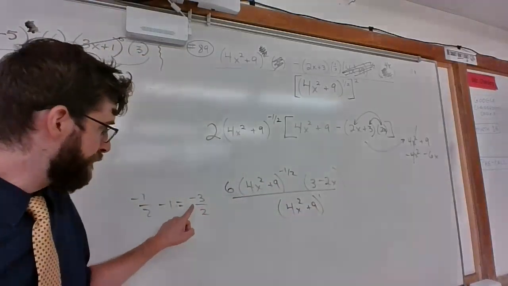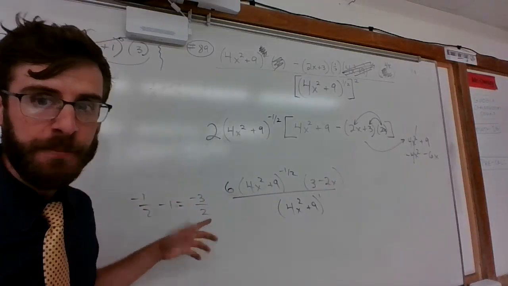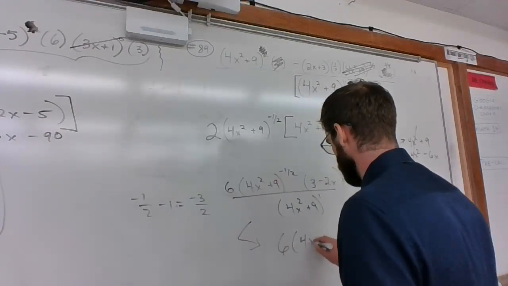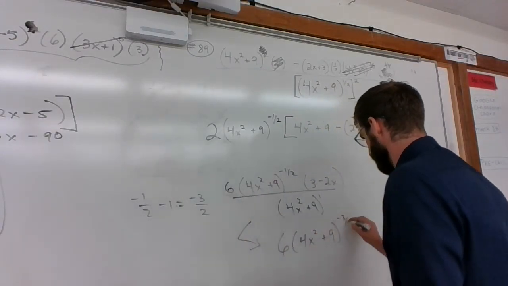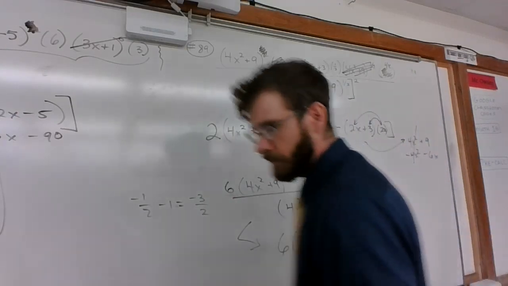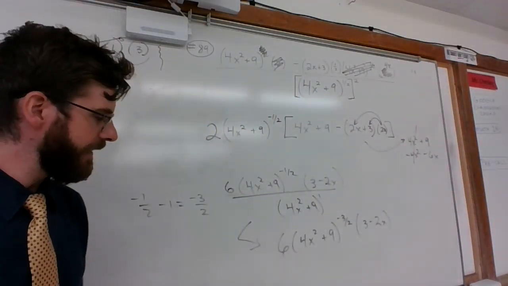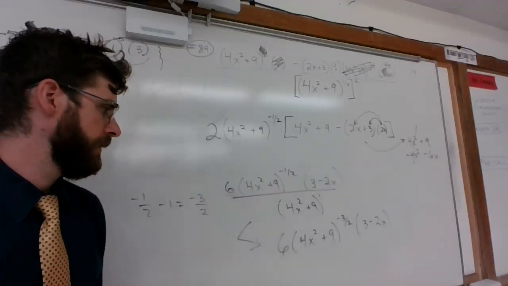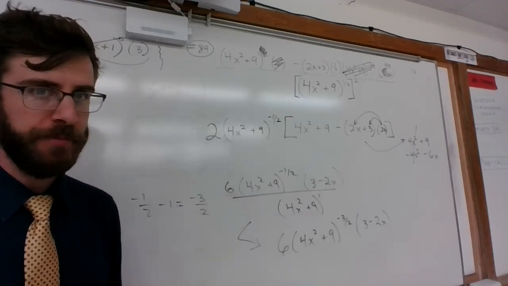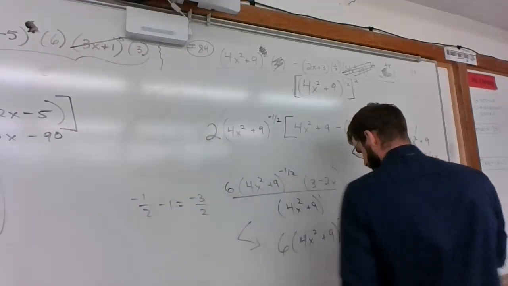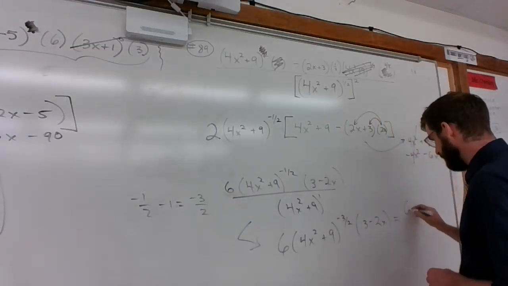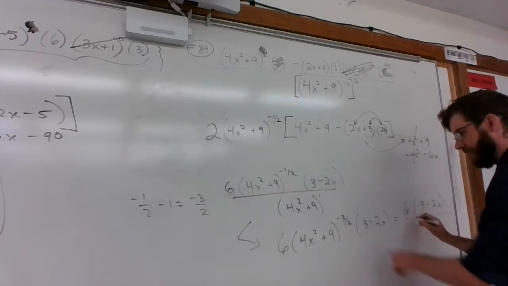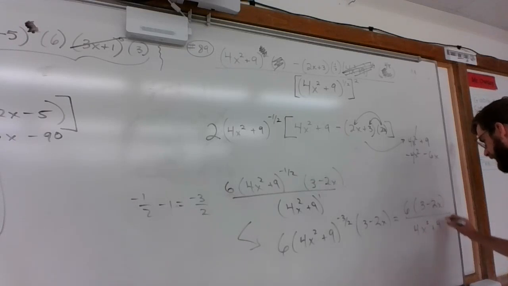It becomes 4x squared plus 9 to the negative 3 halves power. I'll write that out for us. And really, when we see something like that, we should think to ourselves, shouldn't that just be in the denominator and made positive 3 halves? And the answer is, yeah, it should be. So our final answer is 6 times 3 minus 2x, all divided by 4x squared plus 9 to the 3 halves.